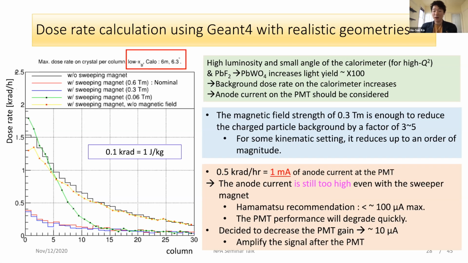And this is a very high current on the PMT, because the PMT manufacturer recommends actually about 1 microamp to 10 microamps. Sometimes if we ask for extreme, they say 100 microamps is maximum. So we don't know when the PMT will start degrading or die completely.